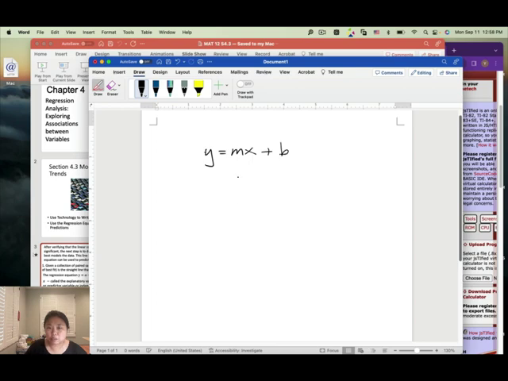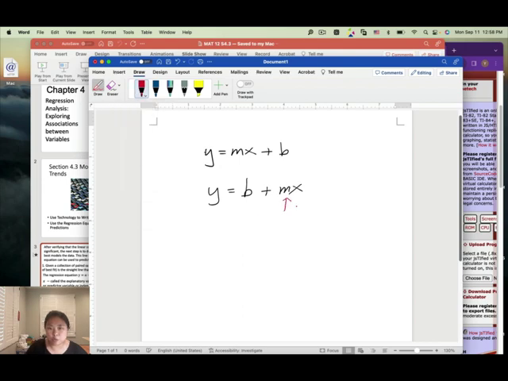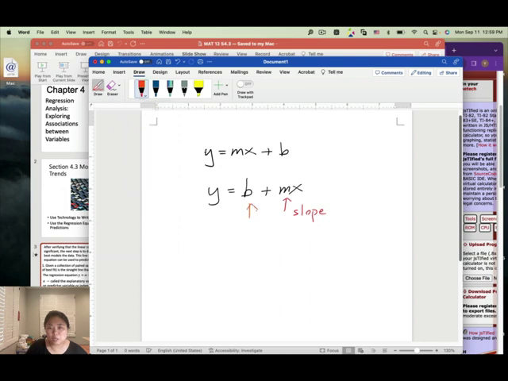Remember that? So I just switched this here: y equal to b plus mx. Remember what your m is equal to? The m is the slope. And then the b here is the y-intercept.